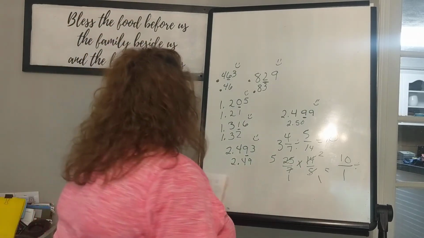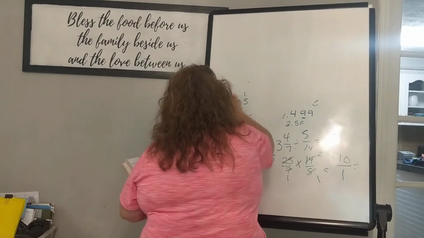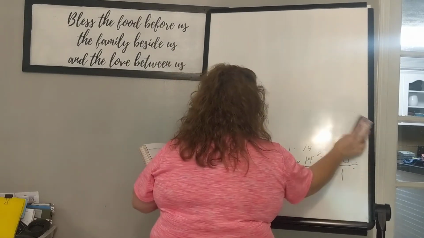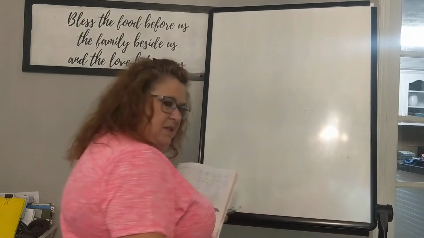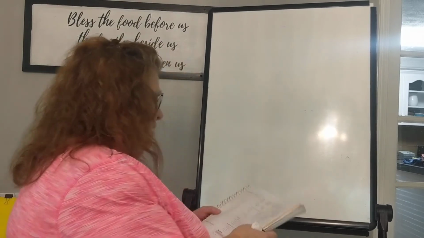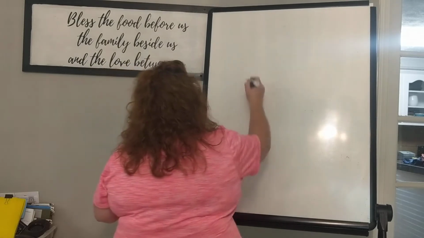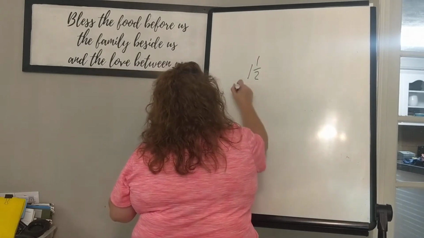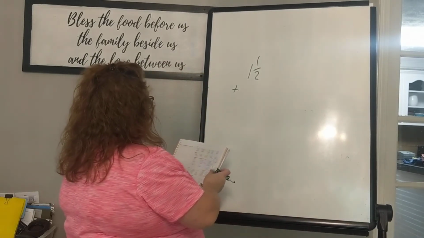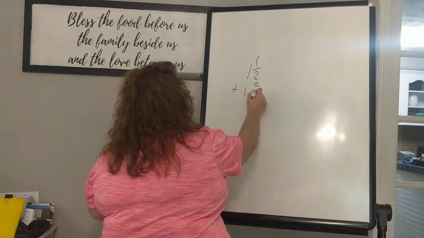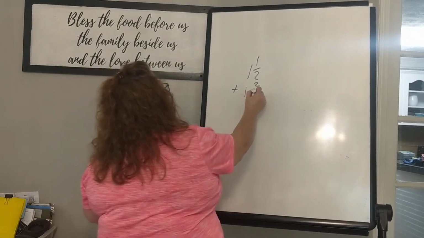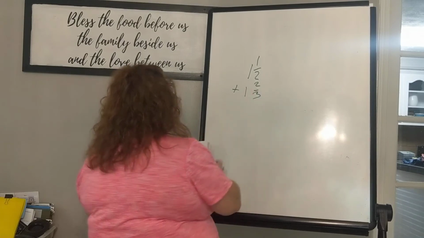I would like you to look at section 5, and we will do letter C together. Section 5, letter C. So we have 1 1/2 plus 1 2/3. Might be nice if that looked like a 3, huh?